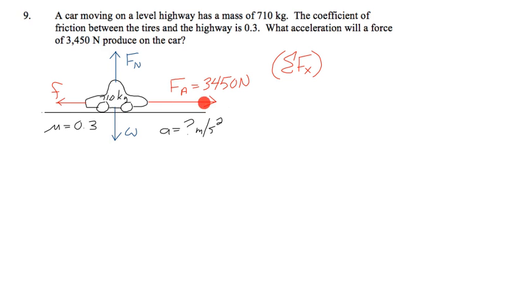This one's going to be positive, and that one's going to be negative. Even though I'm summing, which means adding, I'm adding a positive number with a negative number, so I'm just going to write it that way. And those two together equal the F in the formula F equals ma. They are the unbalanced force, so they are what equal ma.